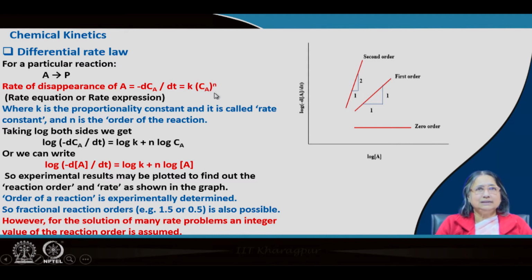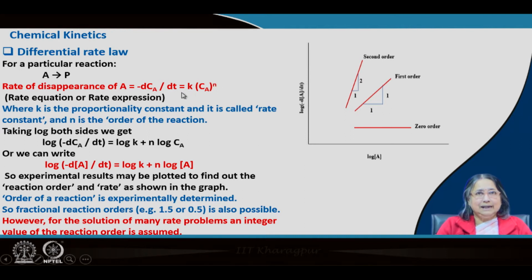You know that concentration can be expressed in two different ways. This is one way to represent: concentration of A as the subscript. Another way we can represent the concentration is within the third bracket. So, rate of reaction, rate of disappearance of A, is nothing but K into Ca to the power n.